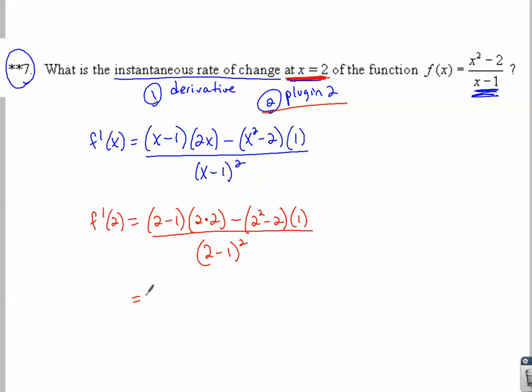Let's do the number crunching, and we're done. That's 1. That's a 4. 4 minus 2 looks like 2 times 1 over 2 times 1 is 1 squared. That looks like 4 minus 2 over 1, or 2.